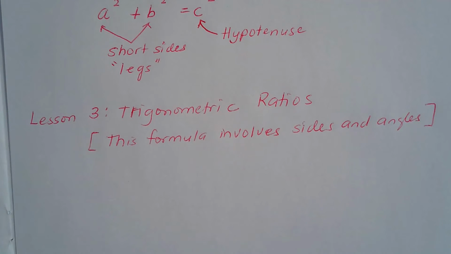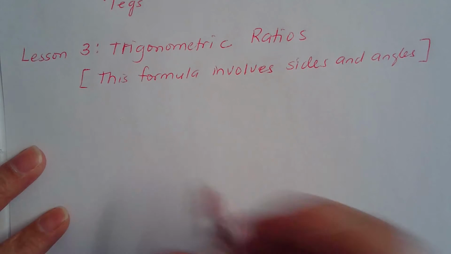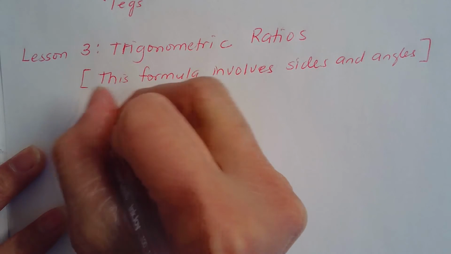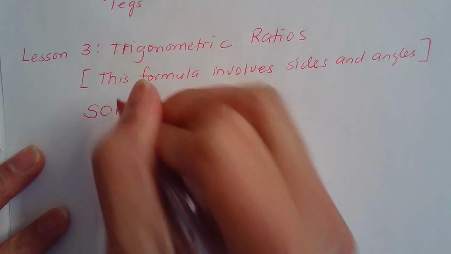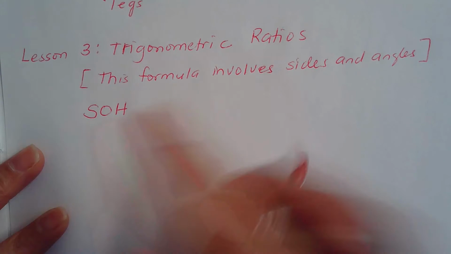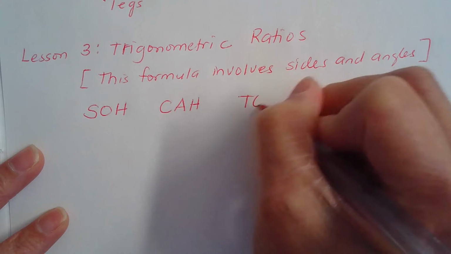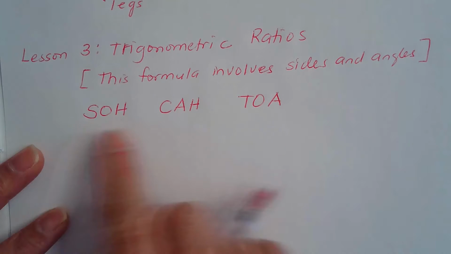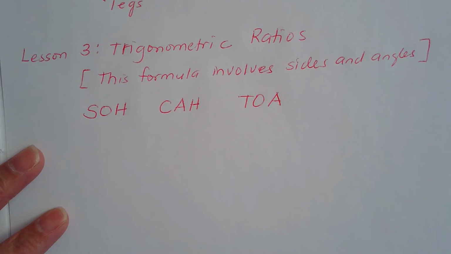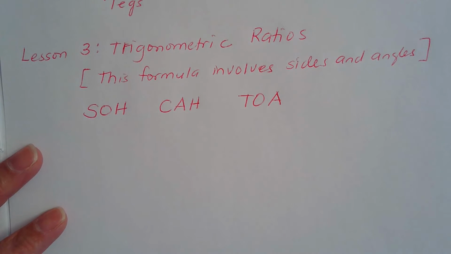Okay, so in that formula, and there are 3 formulas for trig ratios, they are going to involve sides and angles in the same formula. So the formulas are here. I'm going to write down the short formula. That's just an acronym so that we have a shortcut in terms of remembering the trig ratios.